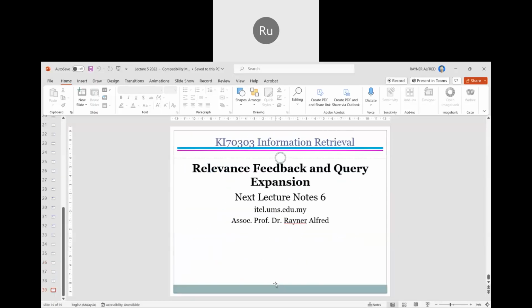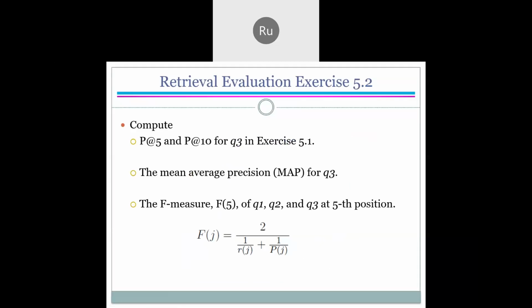So for query number 1, just now for position 5 it is 0.13, right? For query number 2, 2 divided by the recall, which is 2 over 10, plus the precision, which is 2 over 5.